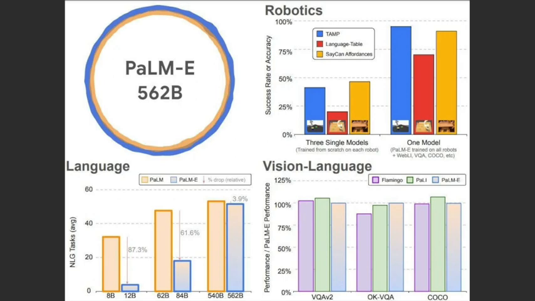PaLM-E combines one of the most capable vision models, ViT-22B, with our most current big language model, PaLM.